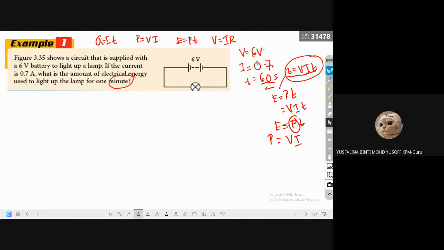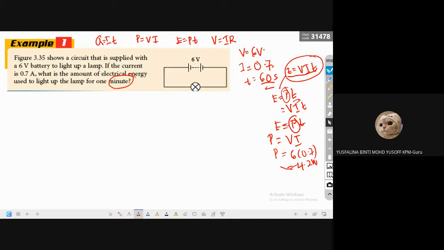For this one, P is equals to VI, right? So V is 6 volt, I is 0.7, so you will get 4.2 watt. I just put 6 times 0.7, so it becomes 4.2 watt. Then you just replace in the formula. We already have P here, and the time we also already have, 60 seconds.